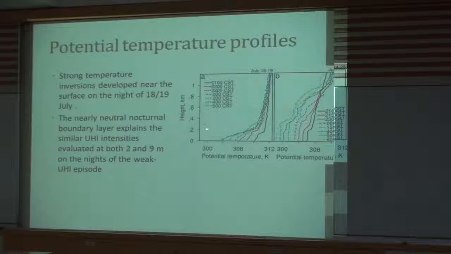It's only developed up to more than 200 meters. But here for the weak case, it's nearly a neutral boundary layer, which explains the UHI intensity at both 2 and 8 meters in a weak episode.